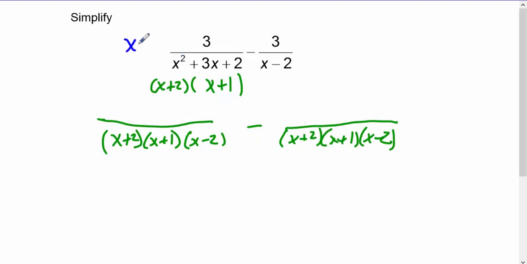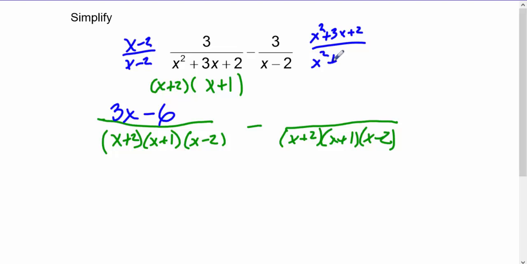I'm missing an x minus 2 in this case, giving me a 3x minus 6. In this case, it looks like I'm missing this whole, the x plus 2 and the x plus 1, which is really the trinomial. And that's going to be my form of 1 to multiply.